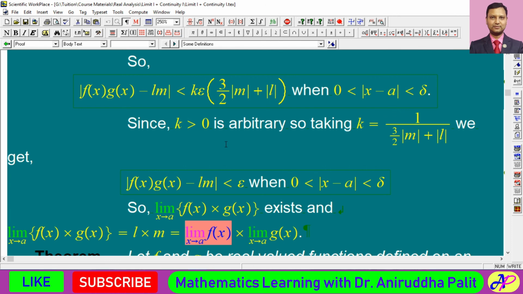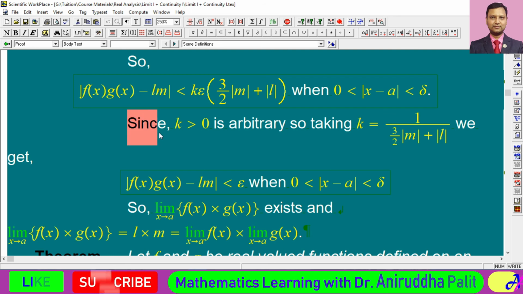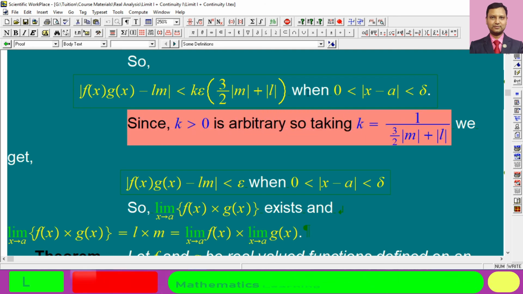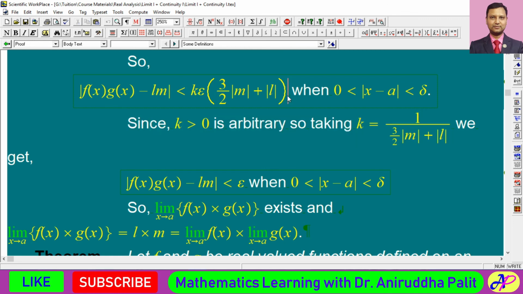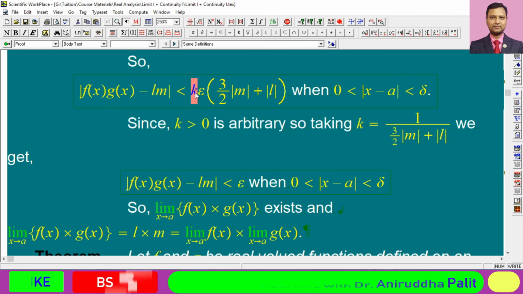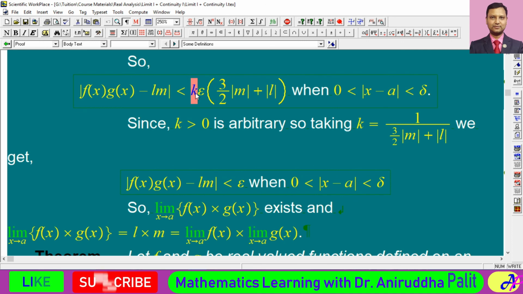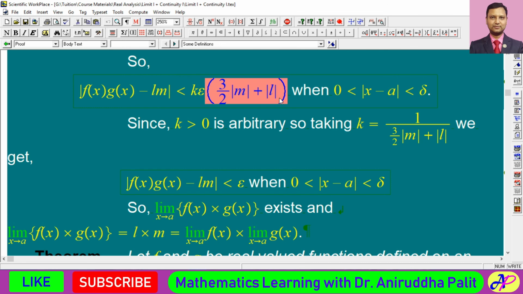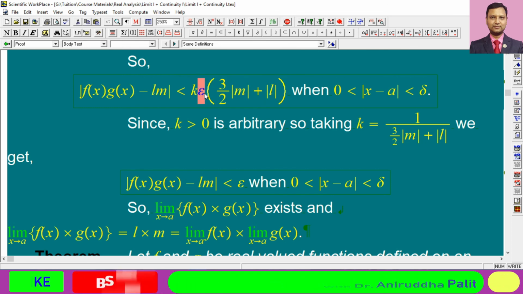Over here, we should note that we can omit the choice of the number k, because if by chance we forget to write k from the beginning, then we would not get this kind of k over here. However, this quantity is a finite quantity and epsilon is an arbitrarily small number.